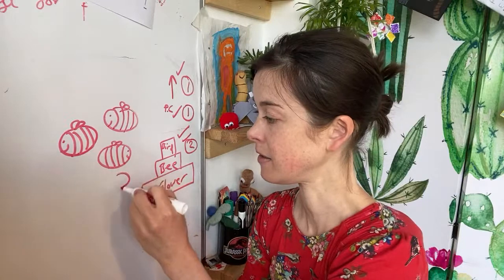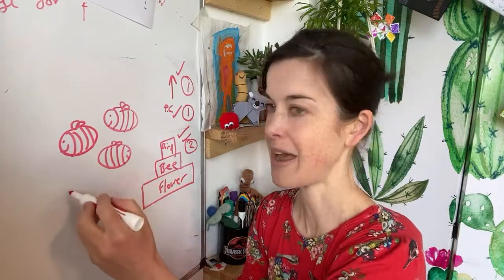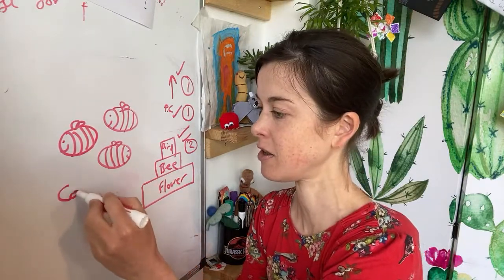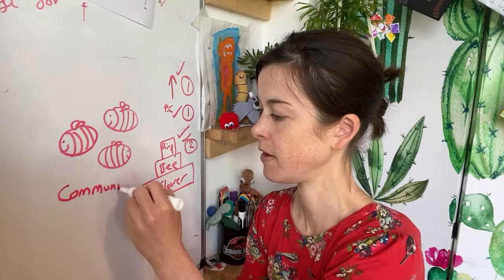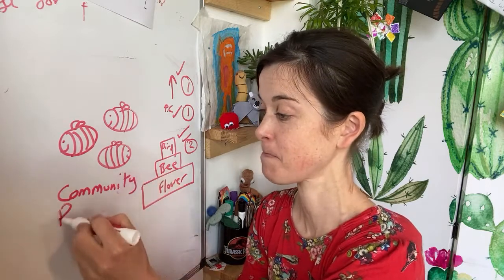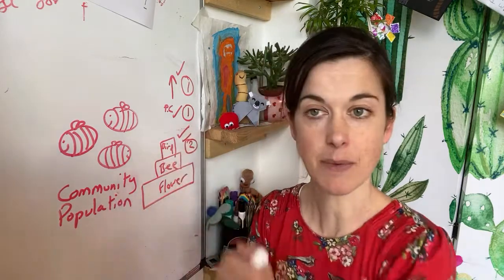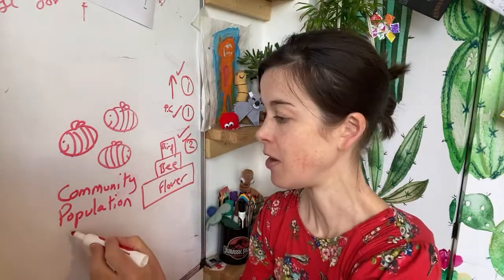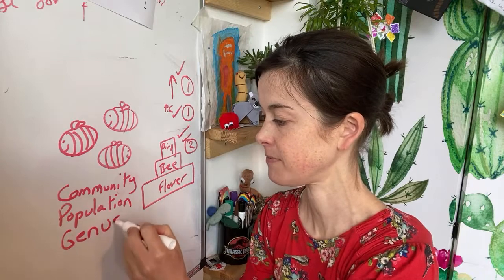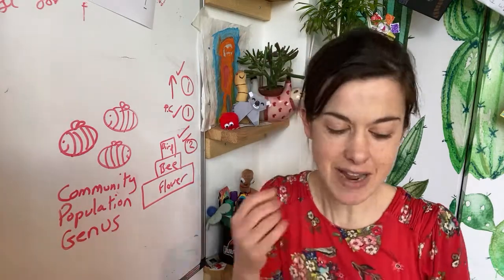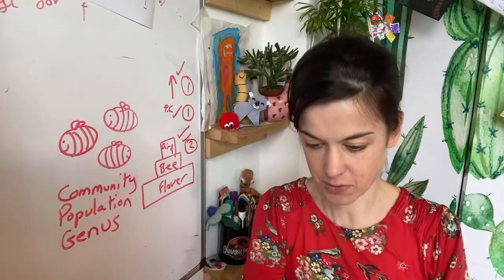Is it, oops, I'm writing backwards, this is YouTube, but I have to write backwards. Is it community? Is this a community of bees? Is it population? If you're counting how many bees there are, is that the bee population? Or is it genus? What is the correct name for a group of animals, all of 1 species?